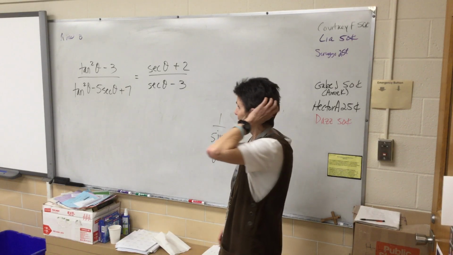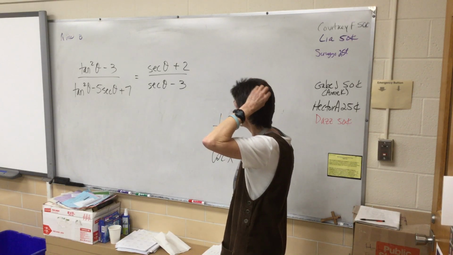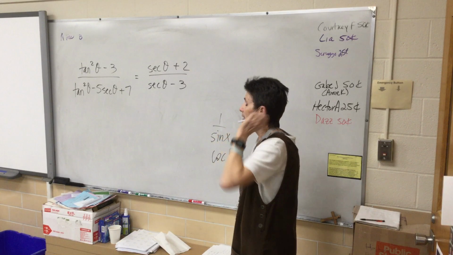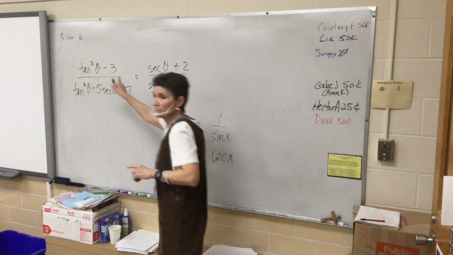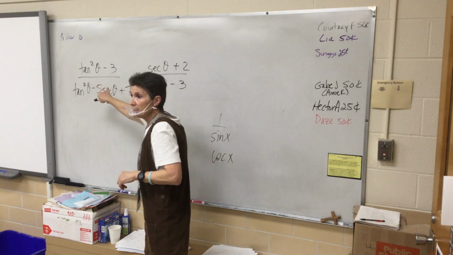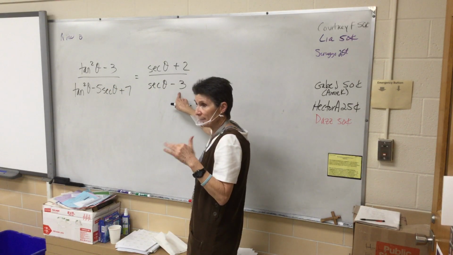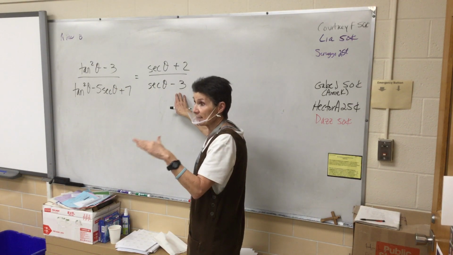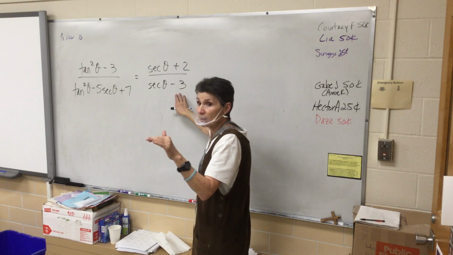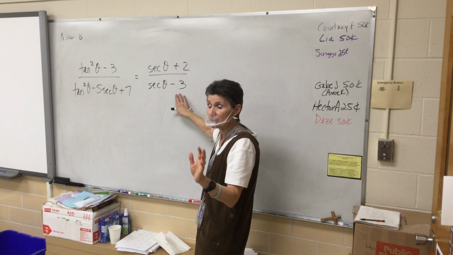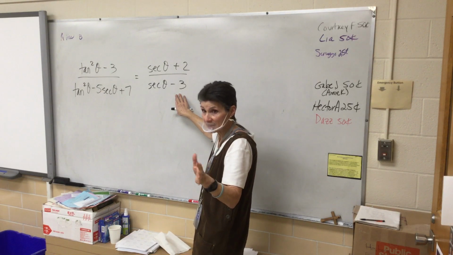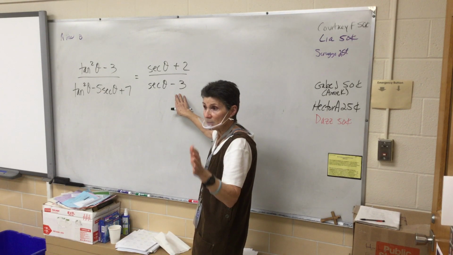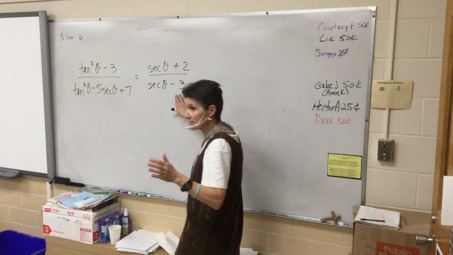Now, one thing I'd like you to notice, if you haven't already, is that I think we'll probably mess around over here. And that means this is what you want to end up with. And everything here is a secant. So it would be great if I could change everything into secants. So think about what you have memorized.